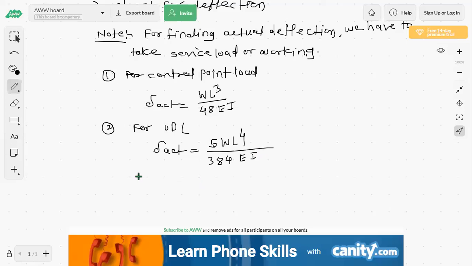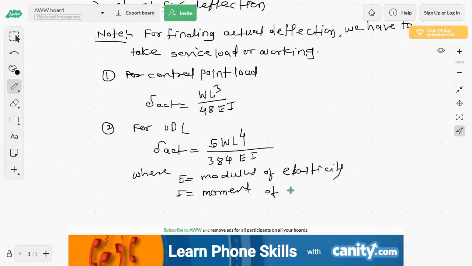Here, what is EI? E is the modulus of elasticity, and I is the moment of inertia.